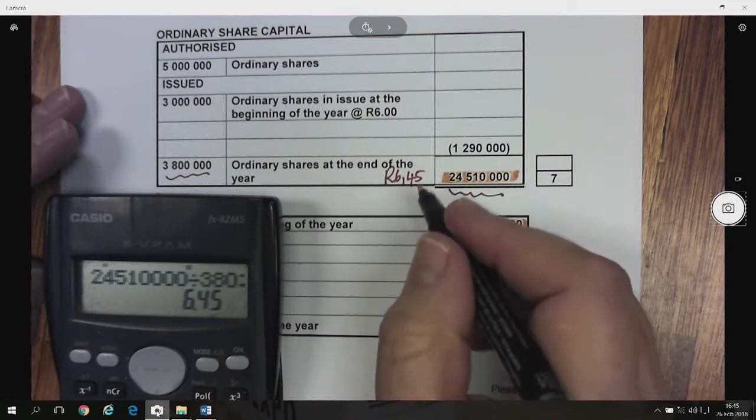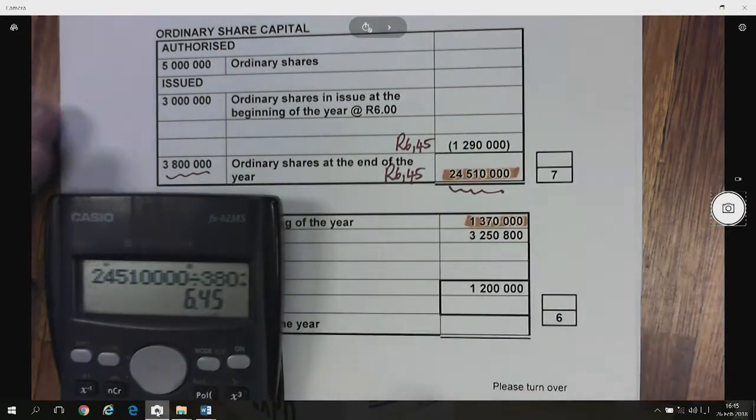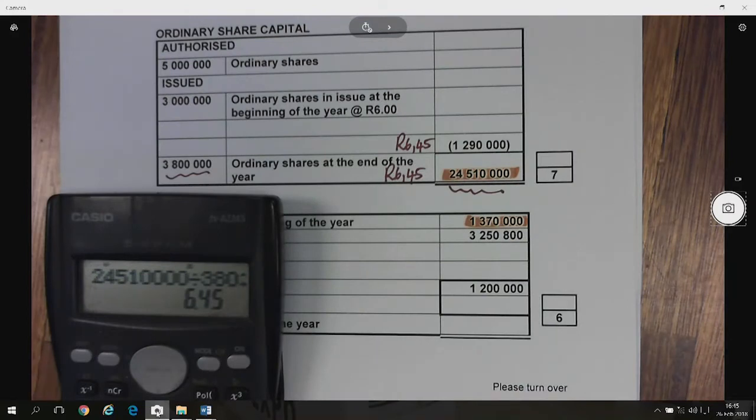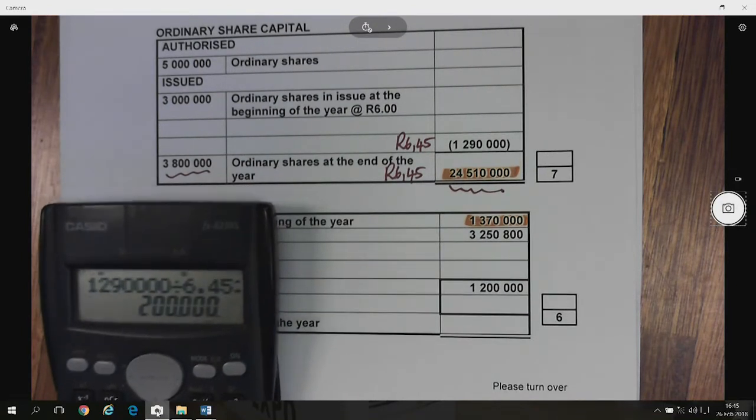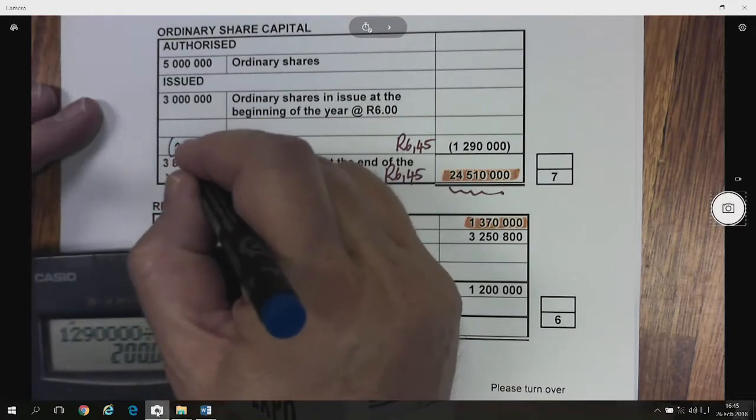So the moment that you've got R6.45 there, you know that you buy back at R6.45. We've got the amount, so you say 129,000 divided by R6.45. That gives us 200,000 shares that we buy back. So now can you see that that helps us a lot?